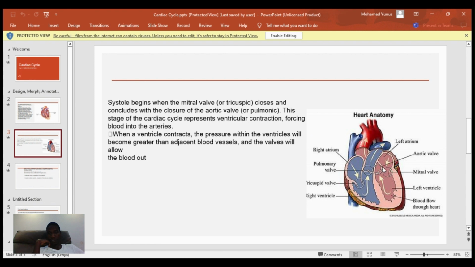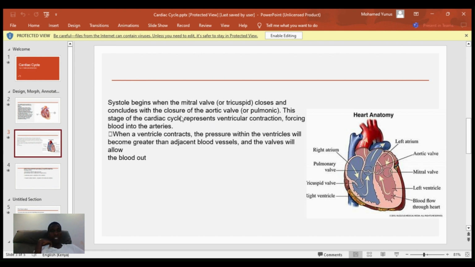And here is our aortic valve. Then in the right heart, systole begins with the closure of the tricuspid, here is our tricuspid, and ends with the closure of the pulmonic valve, the pulmonary valve.